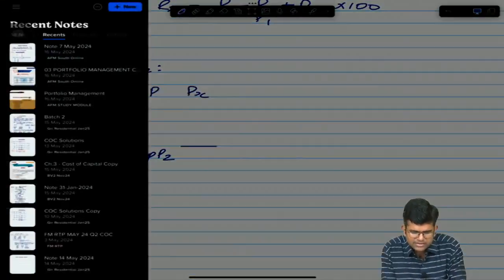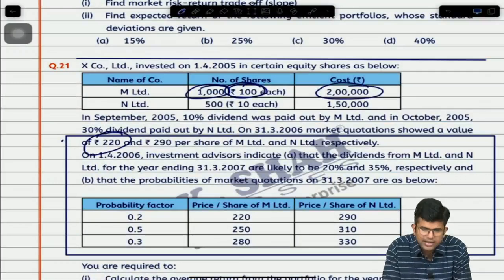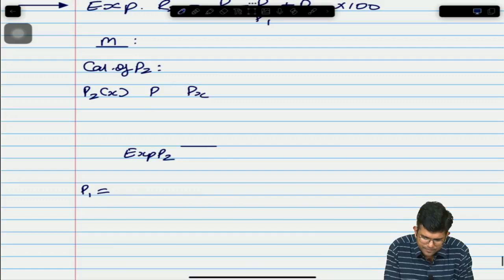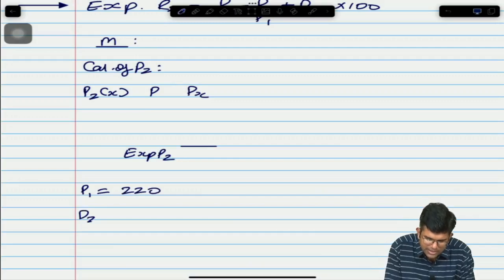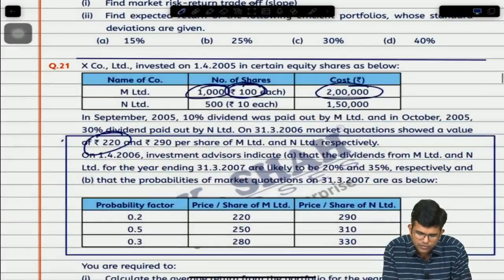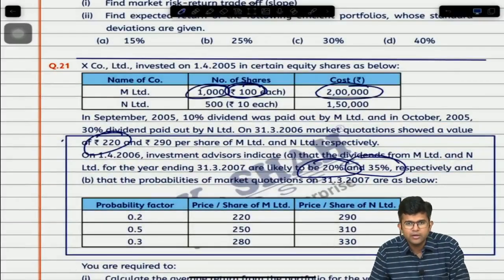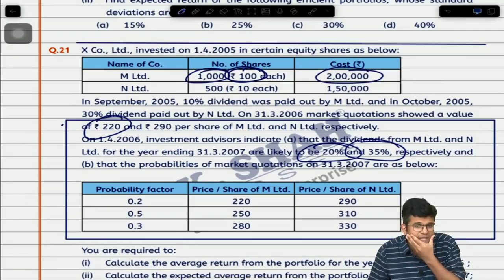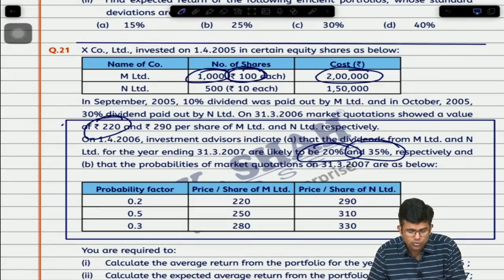P1 I guess is there in the question. Now last year ending, can I say 220? P1 is not going to change. D2, figure out, it is given to you in the question how much dividends you will be getting in year 2. Everyone, you can see what I have marked here. The dividends that you will be getting in year 2, the data is given to you.